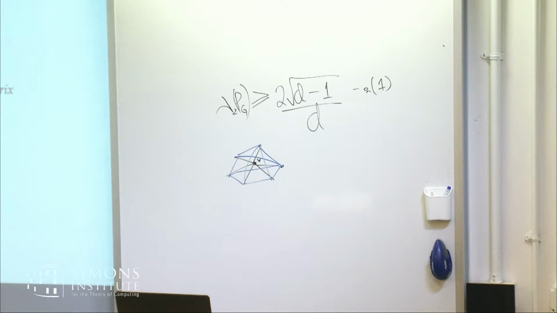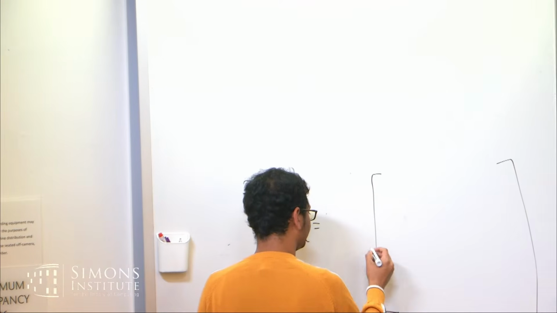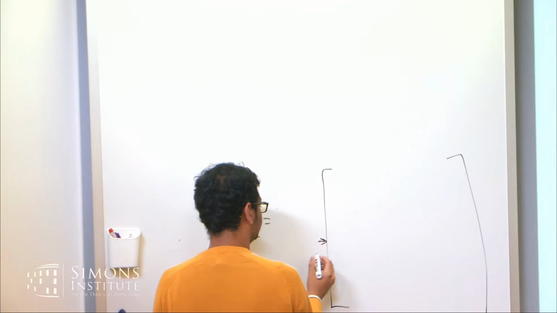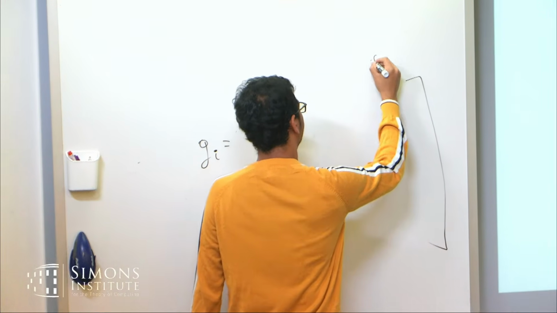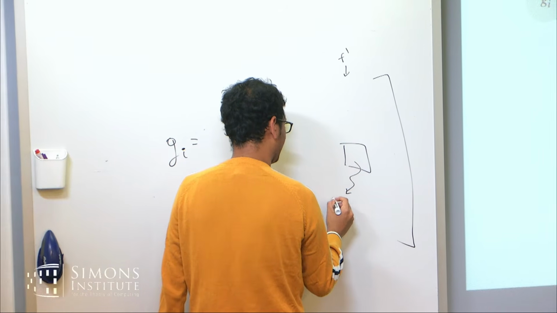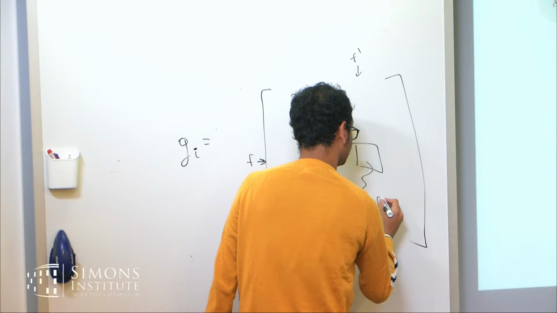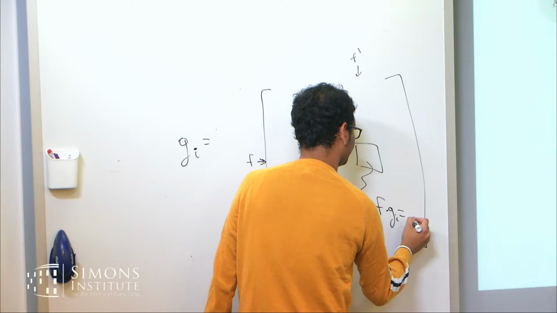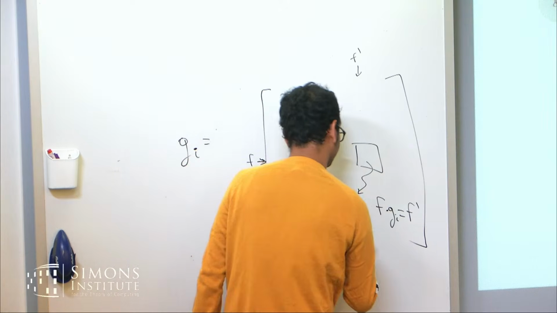So GI, when I think of it as a matrix, I am identifying it as the n by n matrix, where in the f, f prime entry, I have a 1 if f times gi is equal to f prime. That is, I can use the generator to walk from f to f prime.